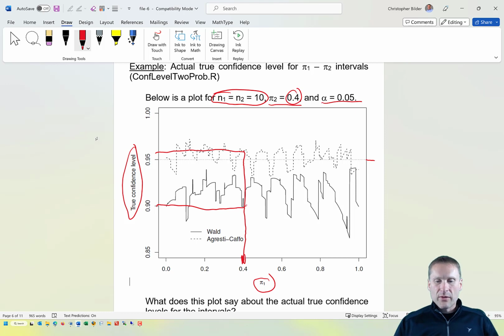It's probably between at lowest 0.94, highest maybe 0.96, 0.965 or so. And so it would be tough for me to say across all values of pi1 if it's conservative or liberal, but definitely I would prefer this interval over the Wald because I know my true confidence level is much closer to the stated level.